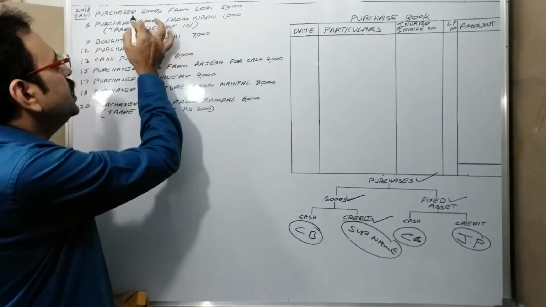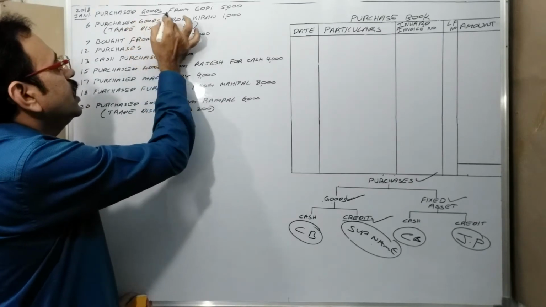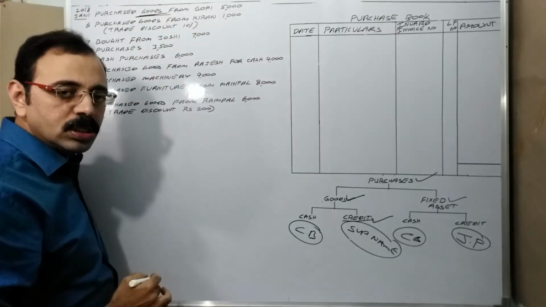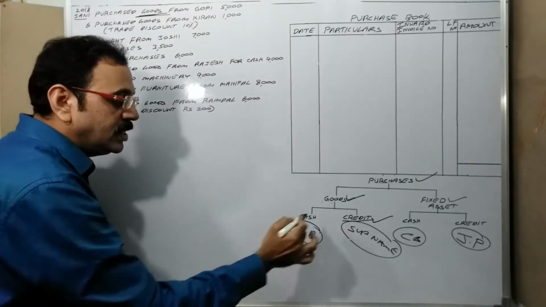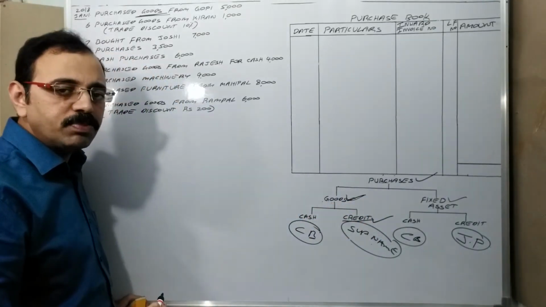Observe, is any fixed asset name given here? No. It is clearly giving that we bought goods. And the second step is what? How did we purchase these goods? We should observe.